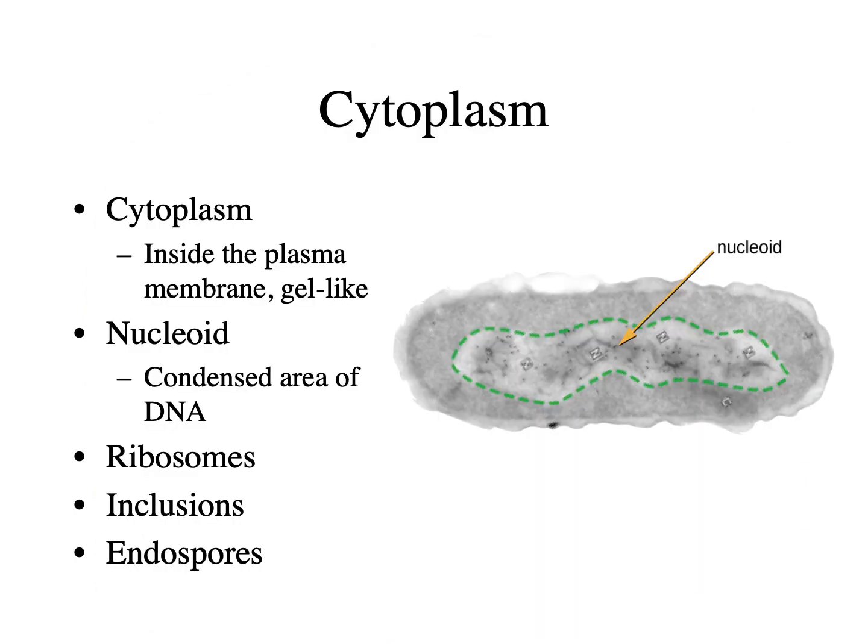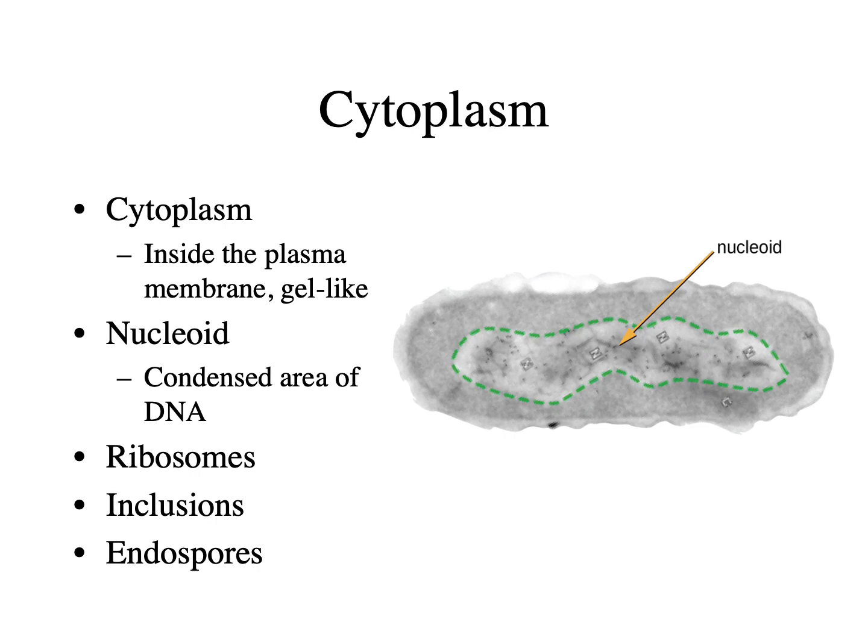Now let's talk about the cytoplasm within the bacteria cells. So inside the bacteria is a gel-like substance called cytoplasm. It's within the plasma membrane. And remember, it does not have membrane-bound organelles, so there is no nucleus in a prokaryote.